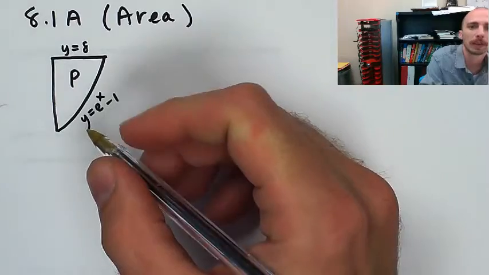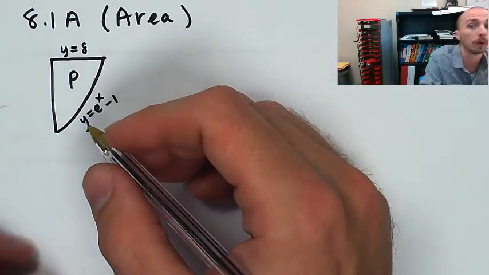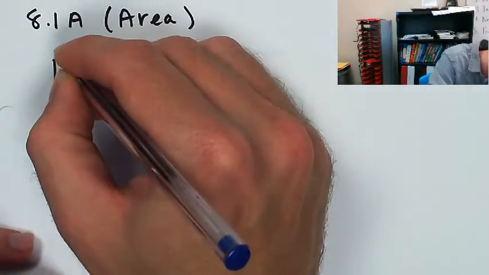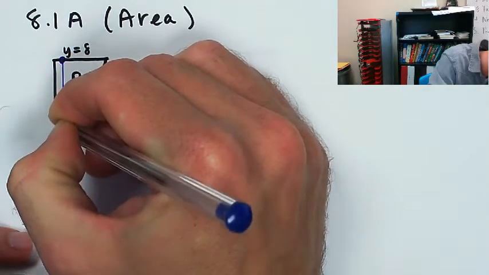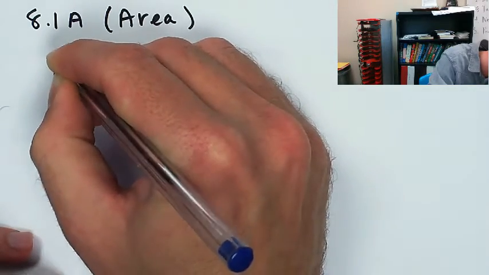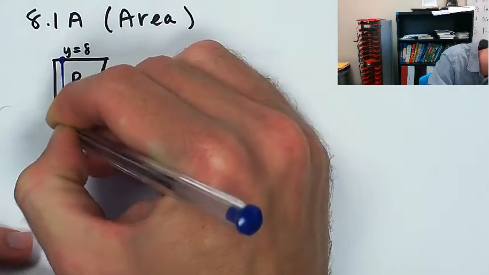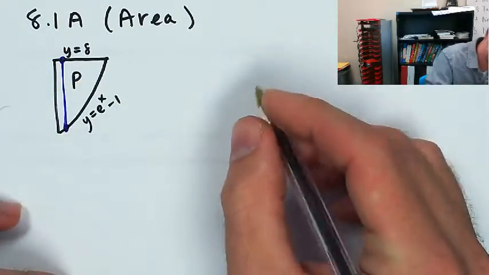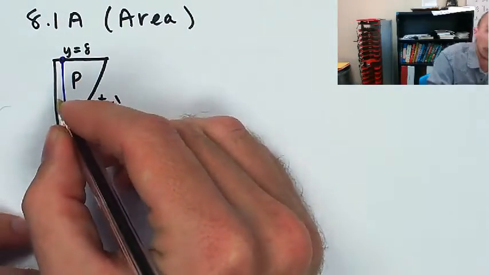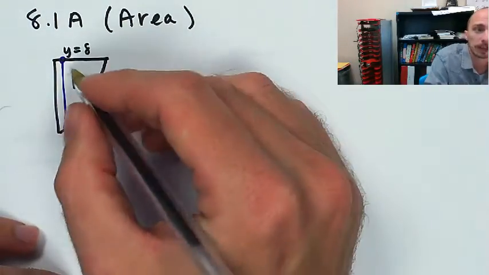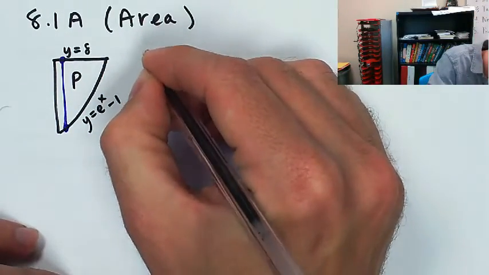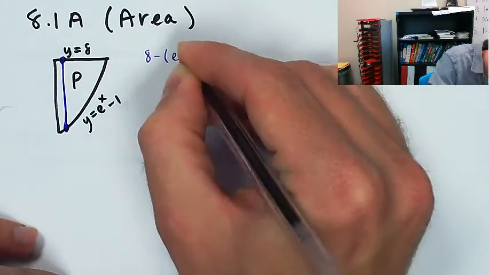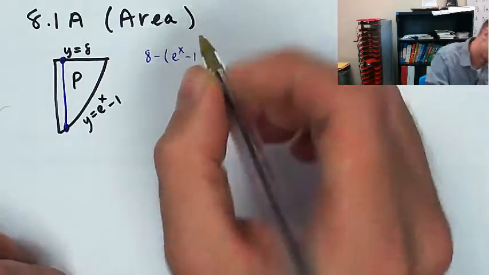This one looks like it would be best to integrate with respect to x, and you should always default on that, right? But if you check, you'll see that the top and bottom of this region is always, the top is y equals 8, and the bottom is y equals e to the x minus 1. Okay? So I'm going to say that that distance there is the thing that I'm going to integrate, little tiny rectangles with height given by 8 minus e to the x minus 1.